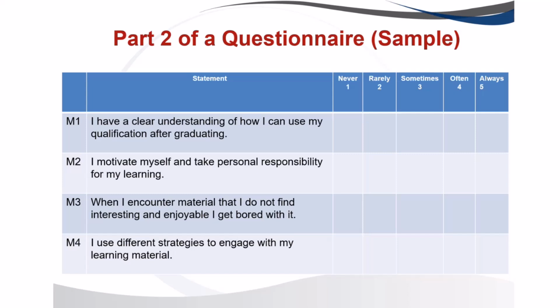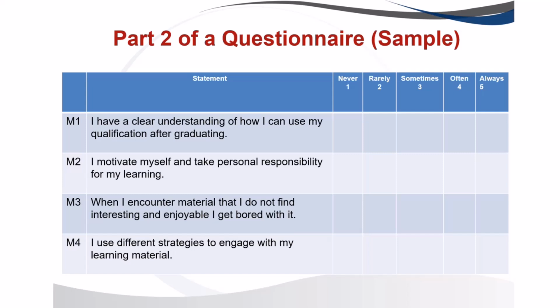But remember that the program, like SPSS, is going to give you the outcome. Okay? Especially if you are not analyzing manually. But let's look at the statements. The first one says, I have a clear understanding of how I can use my qualification after graduating. Let's assume that the variable there is motivation, all right?